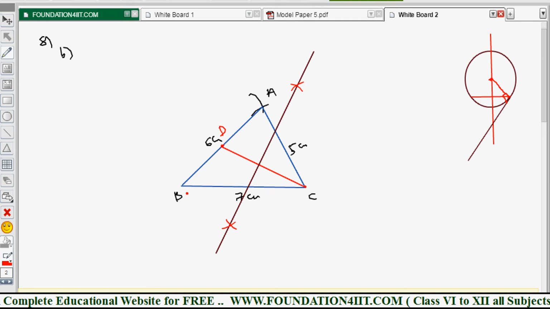Now imagine BC is the tangent. At C we can construct 90 degrees. So for BC you can draw a perpendicular line, that means you have to construct 90 degrees. So take 60, 120 and bisect both. At C construct 90 degrees.